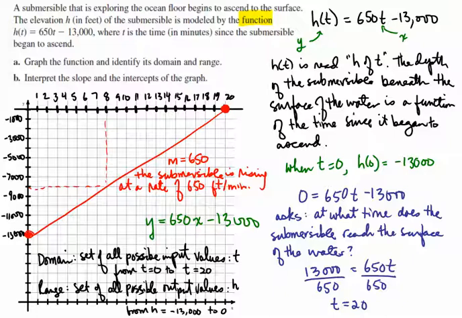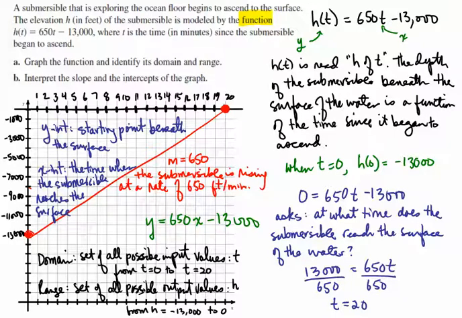The second thing we want to do is to interpret the intercepts. Well, we've seen the y-intercept here is the starting point. So the y-intercept tells us where the submersible begins to ascend from. The x-intercept tells us the time when the submersible reaches the surface of the water. So it's important to note that in a real-world application like this, the slope has definite meaning in the context of the problem.